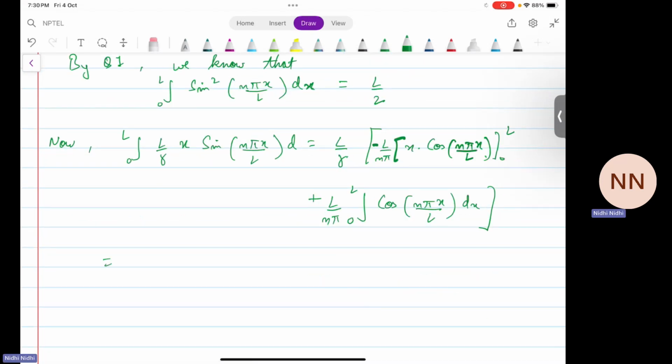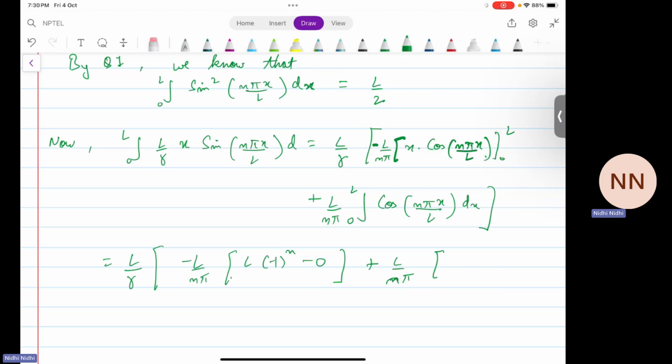So this is L by gamma times minus L by n pi, putting x equals L, since cos n pi is minus 1 to the power n, this is minus 1 to the power n, and x equals 0, minus 0, plus L by n pi.